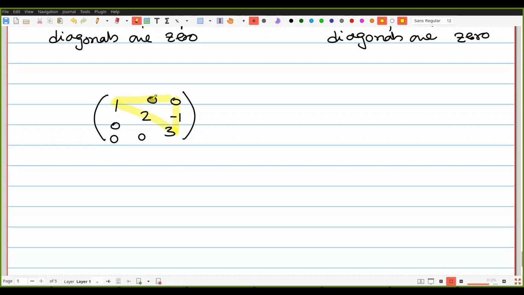It may happen that above the principal diagonals not all, only one element is minus 1, so it may be considered an upper triangular. Same as, suppose we have 1 2 minus 3, minus 1 0 0 0 0 0. So here we may check that is also a lower triangular matrix.